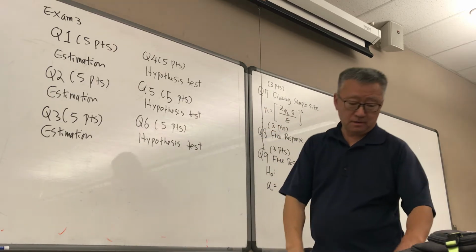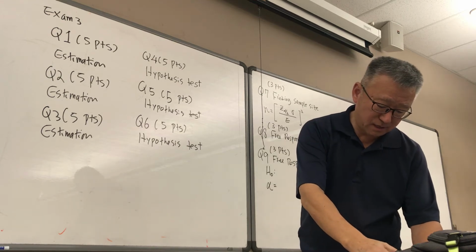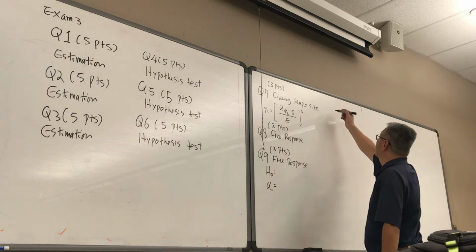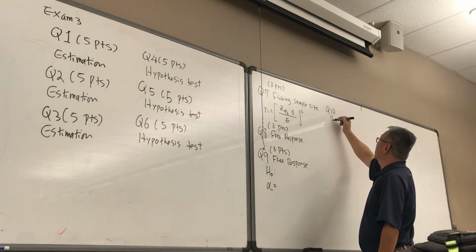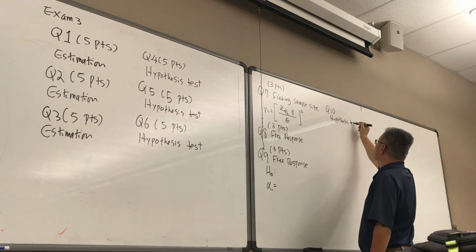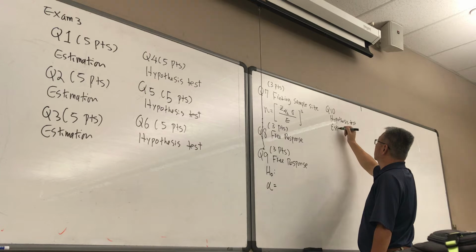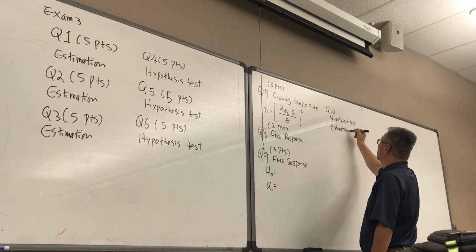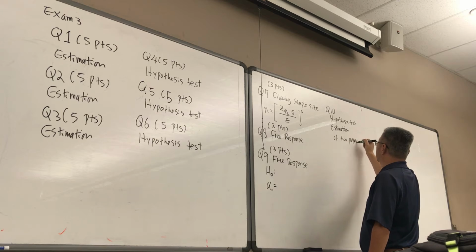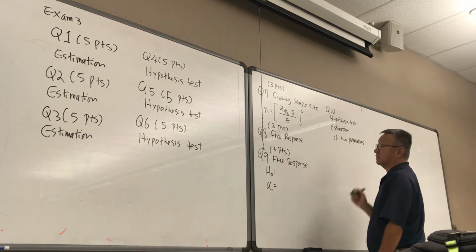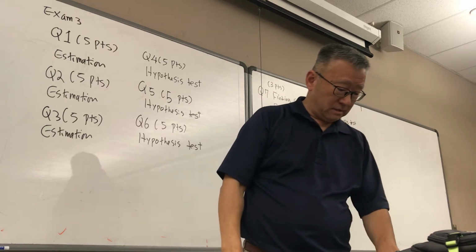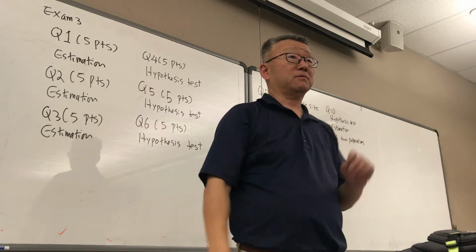And question 10 is the hypothesis test and the estimation of the 2 populations. This is what we did today and yesterday for my 2 o'clock class, but the other class we'll talk about that next Monday.